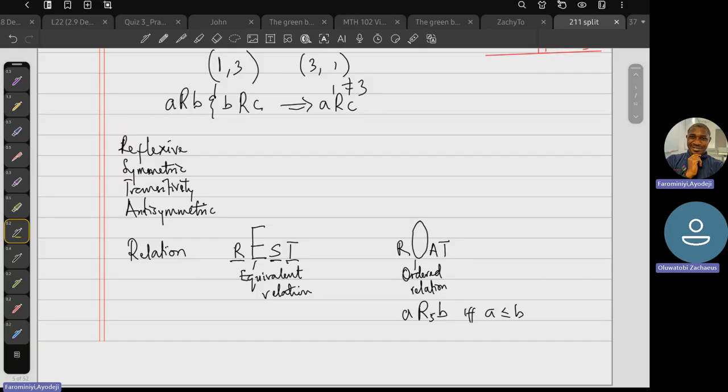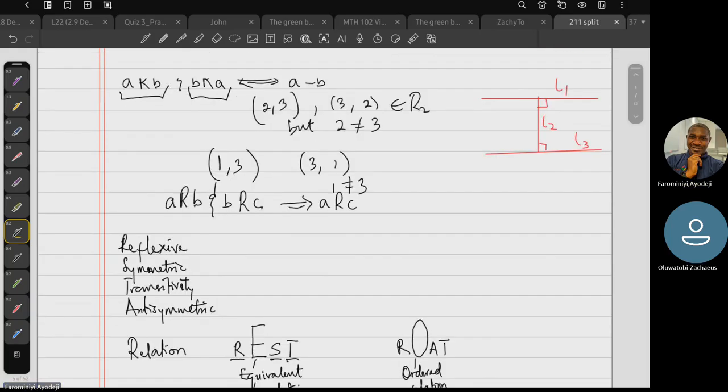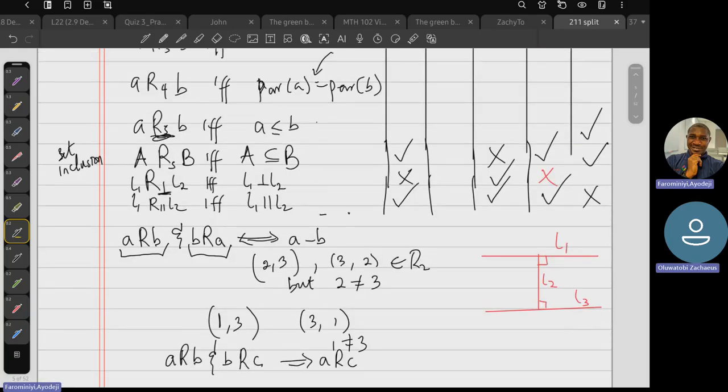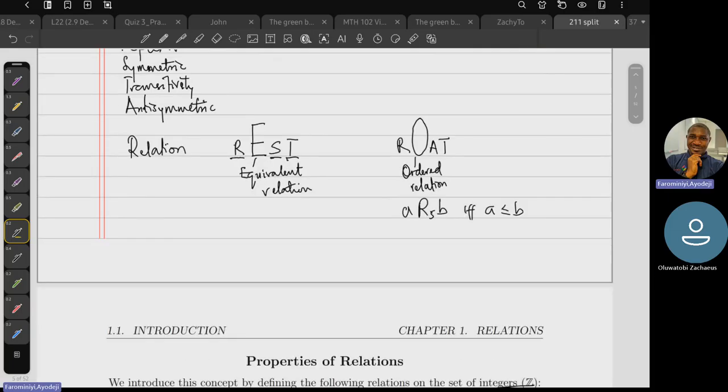An example of equivalence is anything that has to do with equal things. So, for instance, the one of parallel lines is an equivalence.